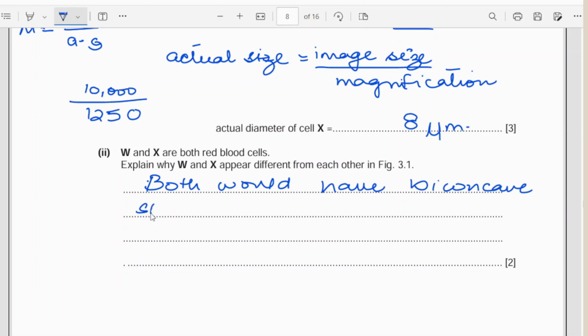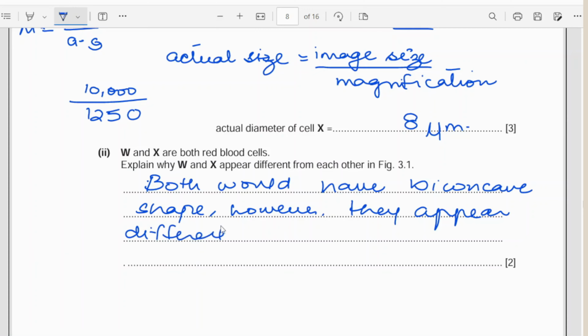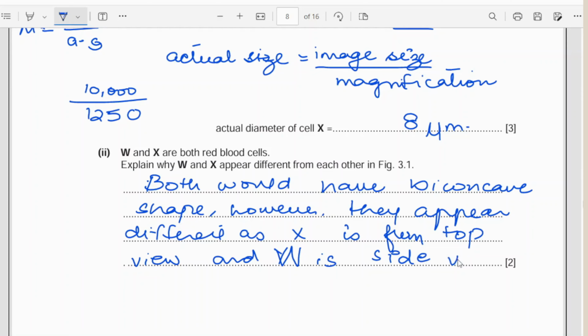However, they appear different as X is from top view and W is side view.